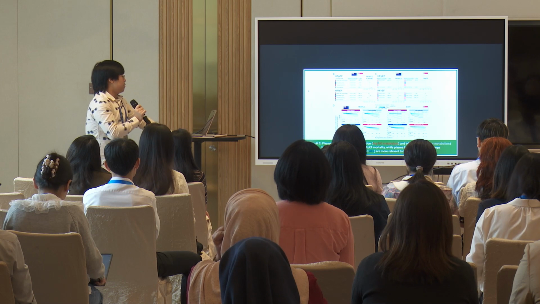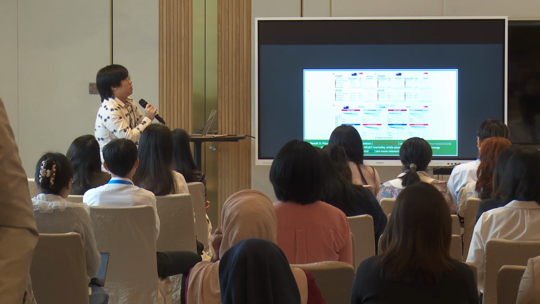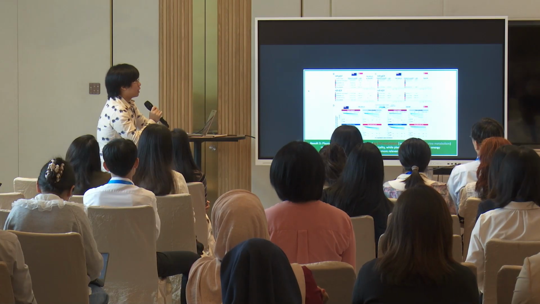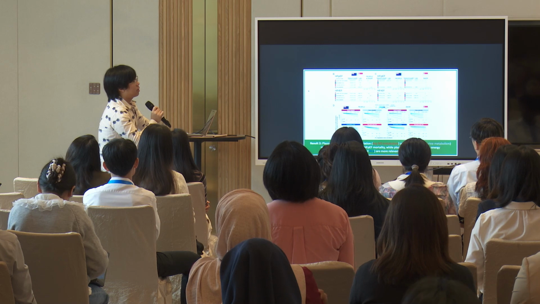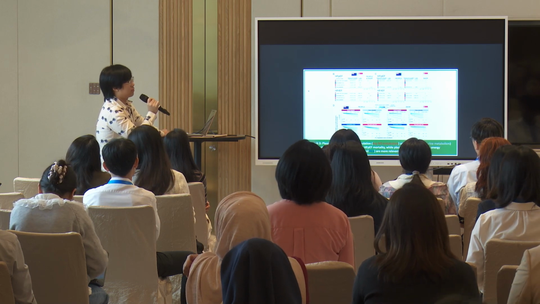The second result we found is that all of these 4 common modules are associated with 2-year outcome. But they associate with the outcomes in preserved ejection fraction and reduced ejection fraction differently.